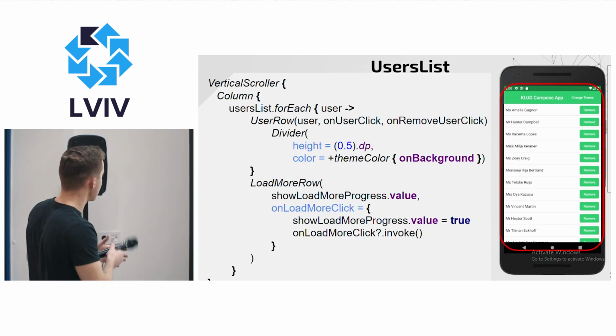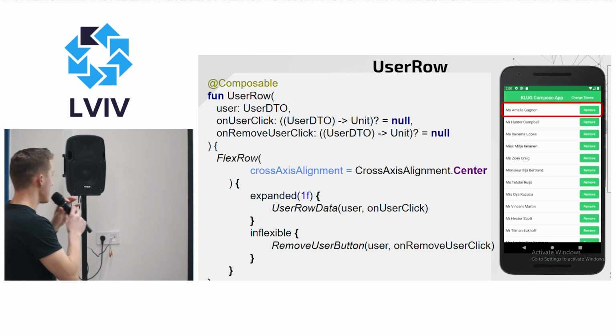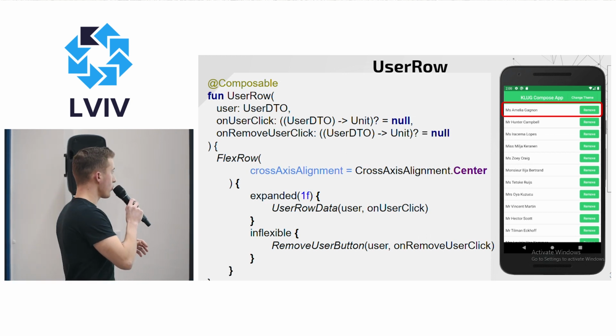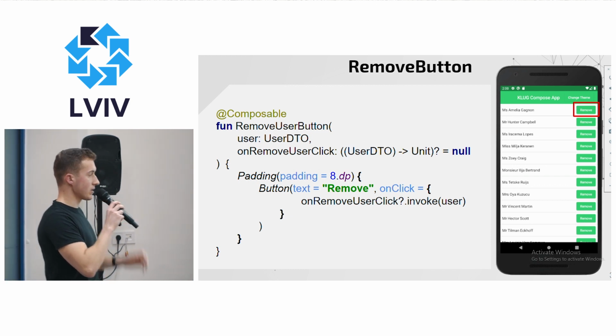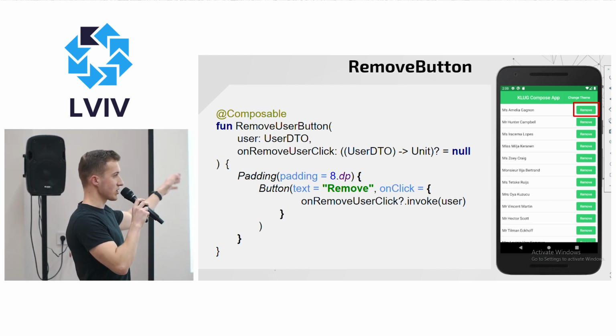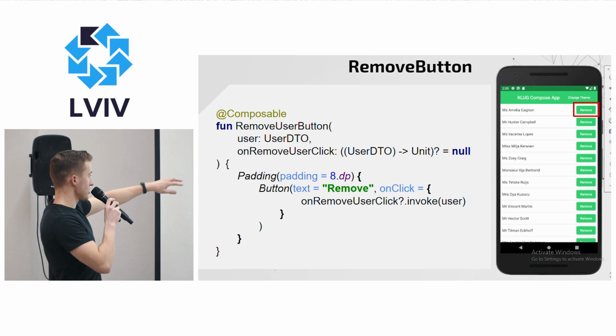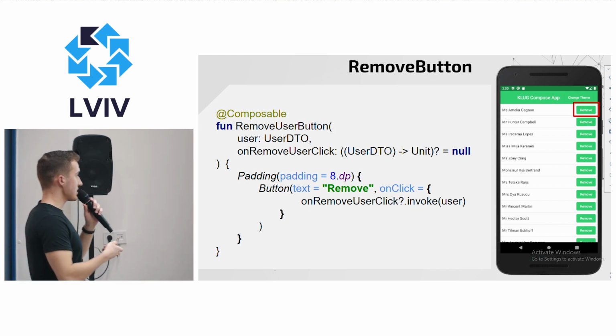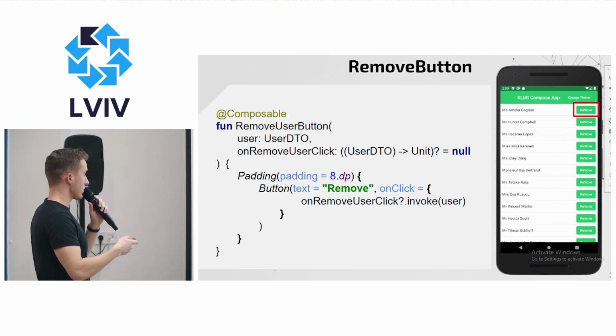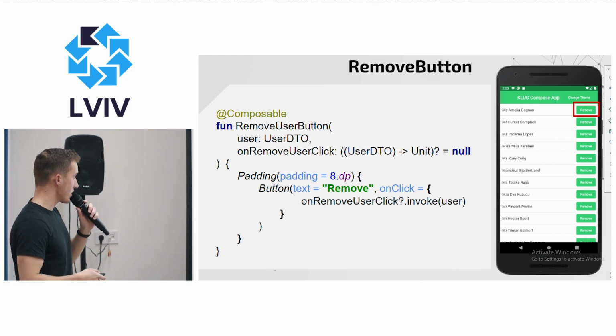For example, we have this button, and we actually don't have any logic in this function, because we just have this lambda that passes through all the tree.